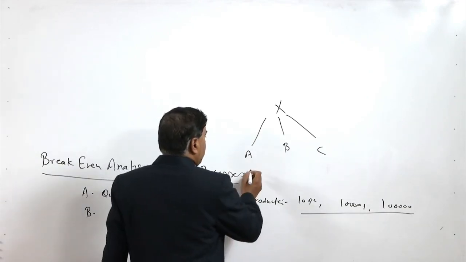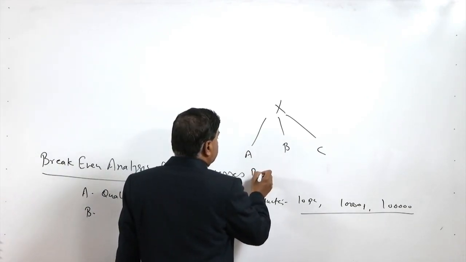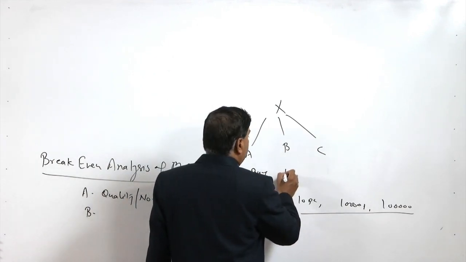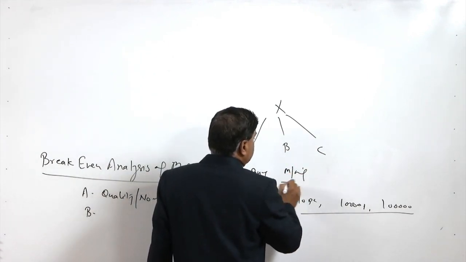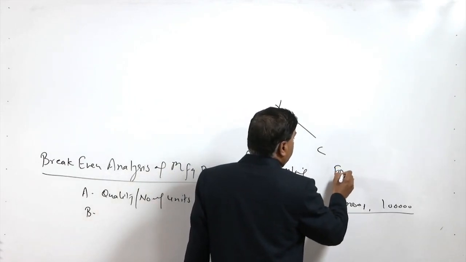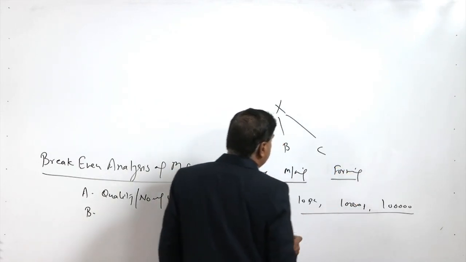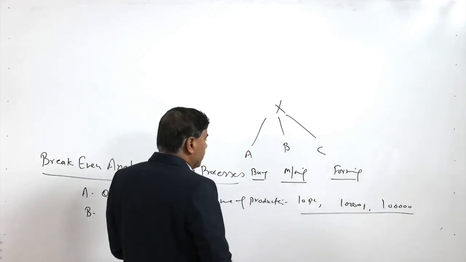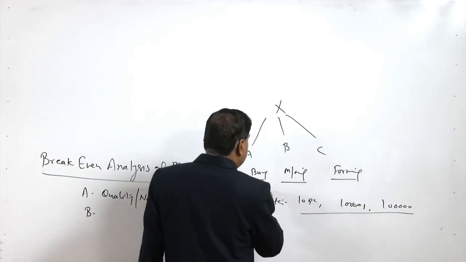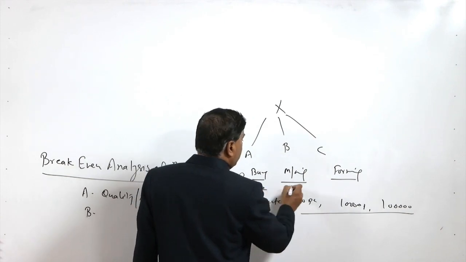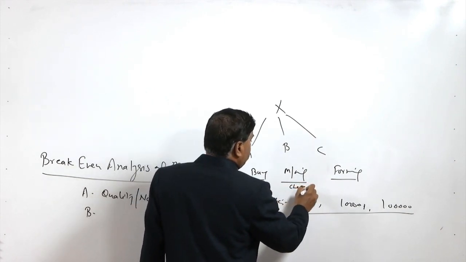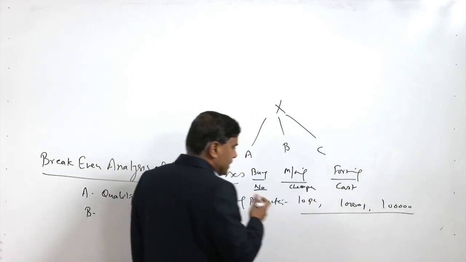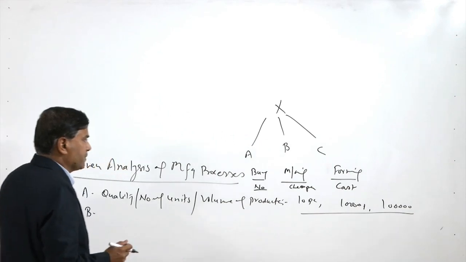Like option A, where investment is nil, we can buy directly. Another option, B, we can go for machining, or option C, we can go for forming. So, the equipment that we need for this is different. This may have no cost, or may be cheaper as compared to the equipment used for forming, which may be very costly, and an extensive set of equipment may be needed.